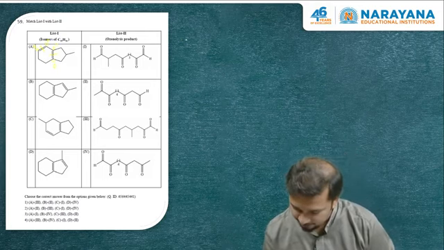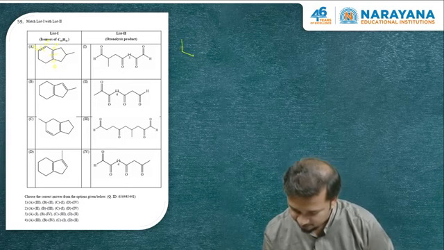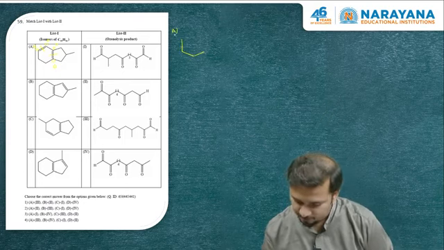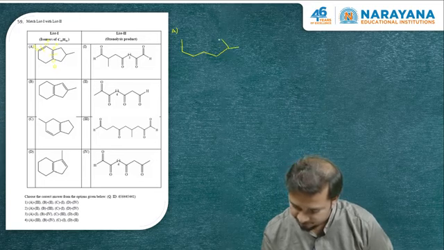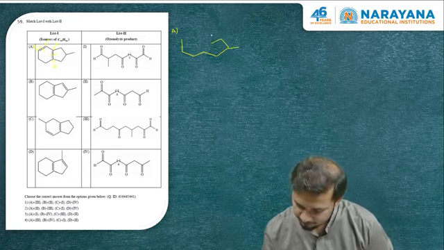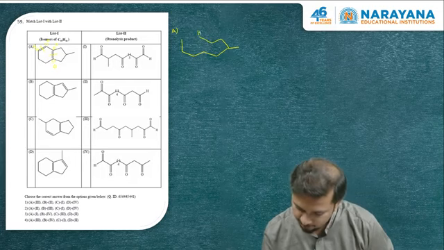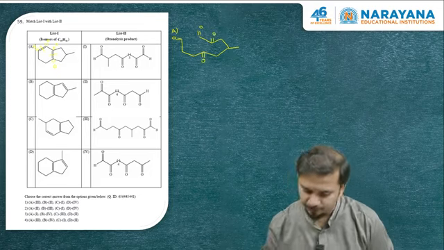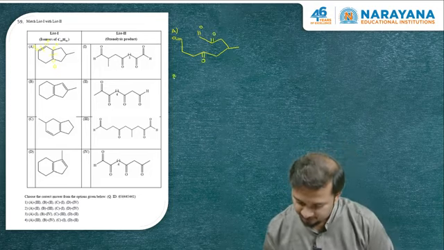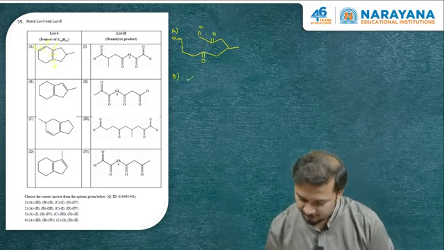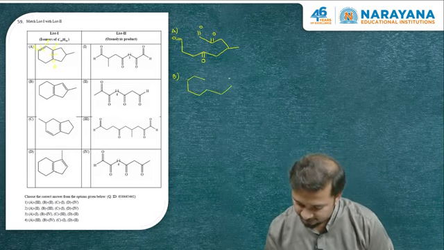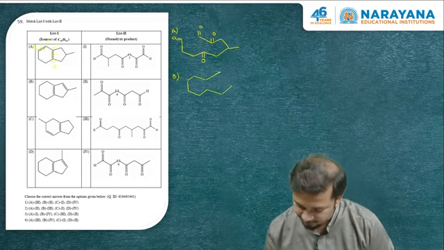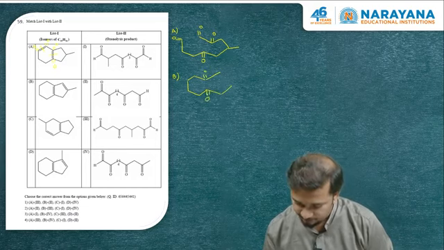If I write the product of A, it will look something like this: double bond O over here, double bond O, then double bond O on this carbon and double bond O on this carbon. This is for A. If I write for B, again we have to break the double bond and add double bond O. I hope all of you are aware of the ozonolysis reaction, in which we first form the ozonide and then it is converted to this.